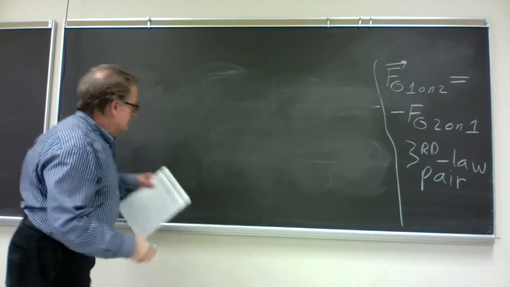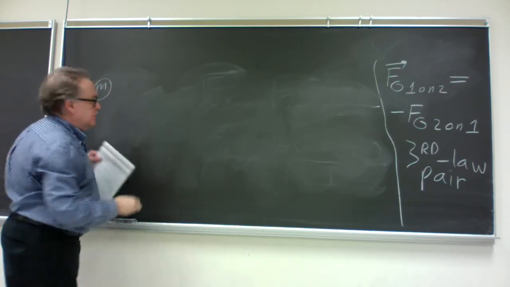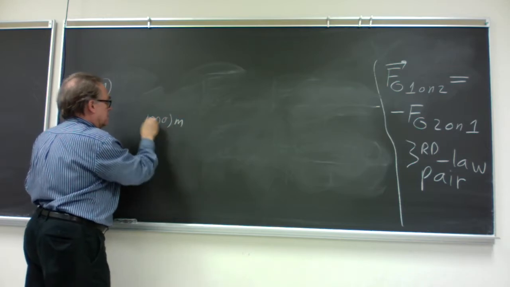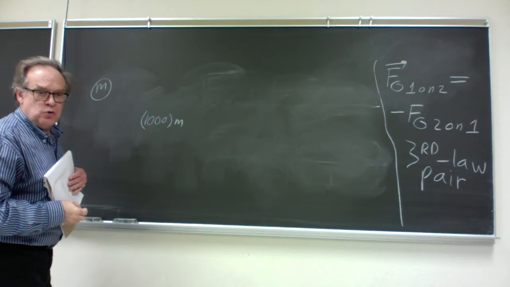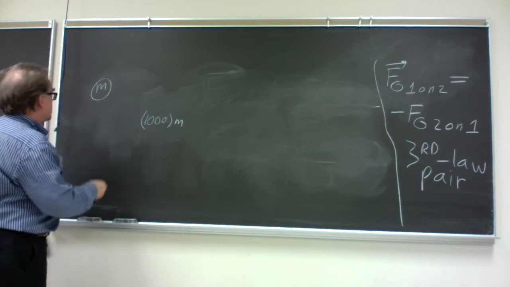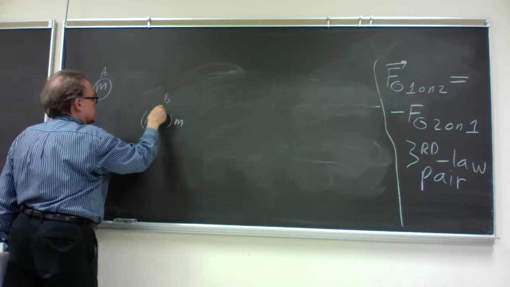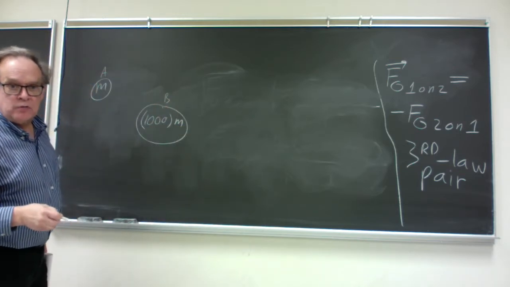Let's say you've got one thing here with a mass of m and another thing here with a mass of 1,000 m. And so there's a gravitational force, call these things A and B just to make reference easier.